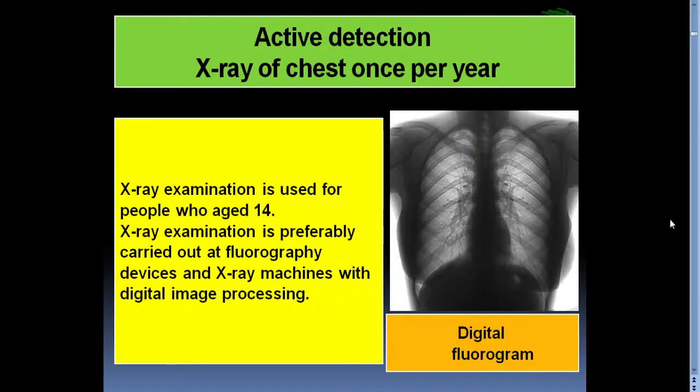Active detection: do X-ray of the chest once in a year. X-ray examination is used for people who are aged 14. X-ray examination is preferably carried out at fluorography devices and X-ray machines with digital image processing. On this photo, you can see digital fluorogram.